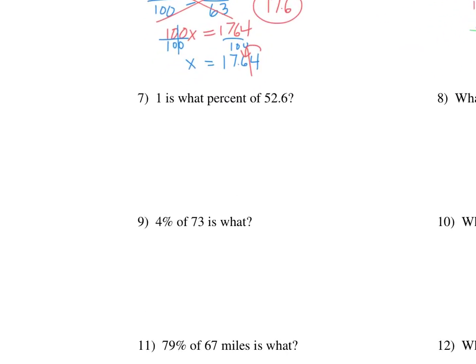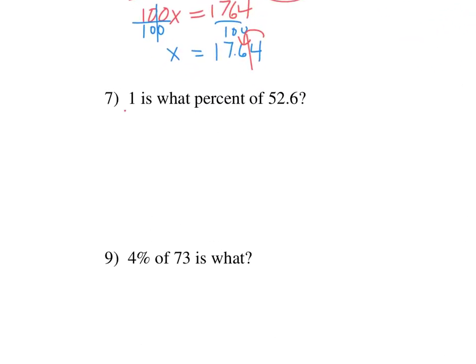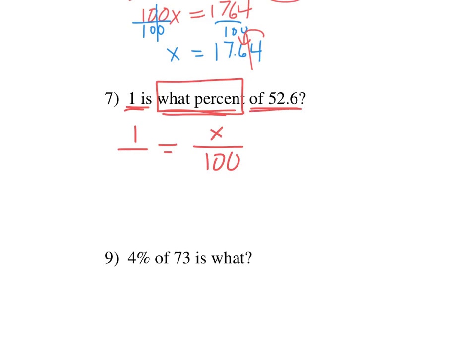Okay. Number 7. 1 is what percent of 52.6? Oh, they're trying to trick us on here. What percent? As soon as I see that, I go, what percent? 1 is of 52.6. So put it right there. It's a matter of reading this problem. 1 is the is, that's the of, what percent we don't know.